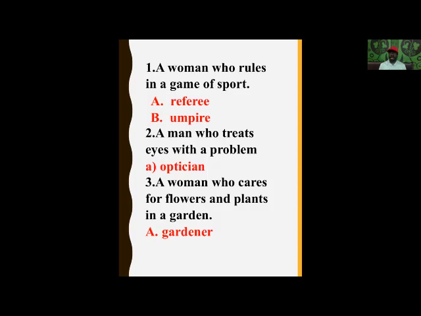How do we call a woman who rules in a game of sport? A, she's a referee. So we want to answer in a full sentence. B, she's called an umpire.